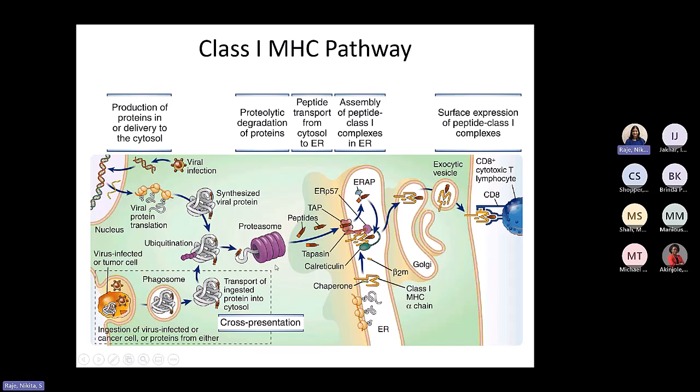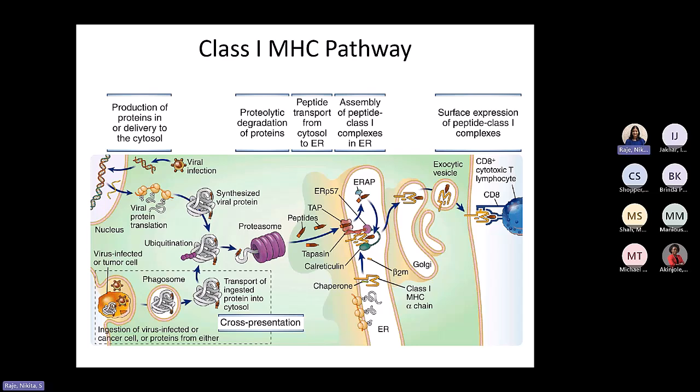Proteasome has a special ability to cut those peptides so that these peptides are about 8 to 16 amino acids in length, and their carboxy terminal has basic or hydrophobic amino acids. These are the requirements for them to be able to be loaded onto those class 1 MHC. So the proteasomes do a good job of cutting up the peptides, but it's a very organized and structured process where it cuts those peptides so that the carboxy terminal has specific types of amino acids on it.